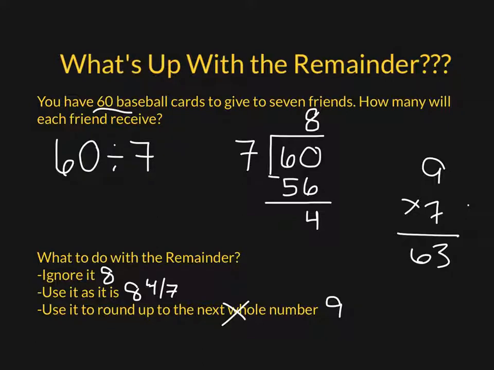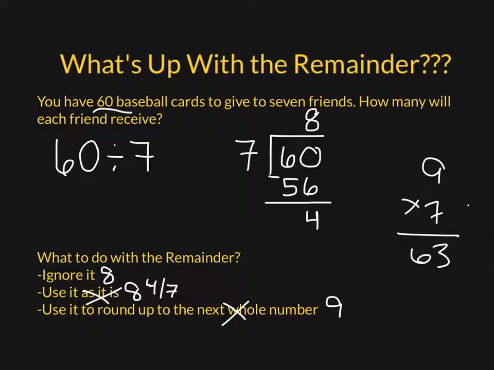Now, could we use it as it is, 8 and 4/7? Well, just like with the bus situation, we can't divide a bus up, and we really can't divide baseball cards up either, because the last time I checked, it's important to have a whole baseball card. So it doesn't make sense to use it as it is, which leaves us to just ignoring it.